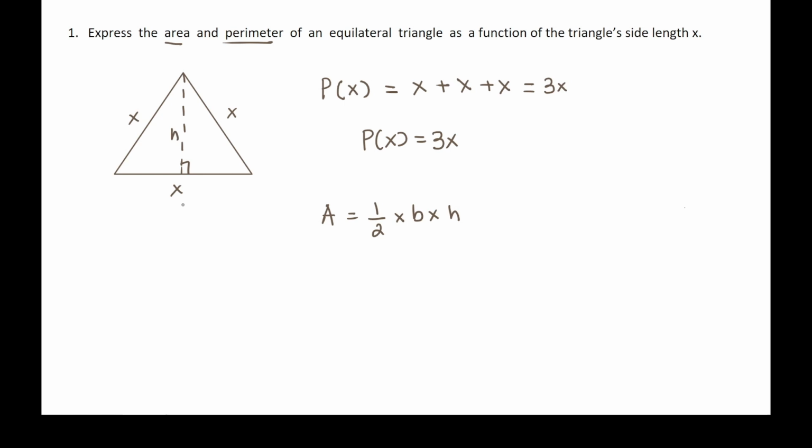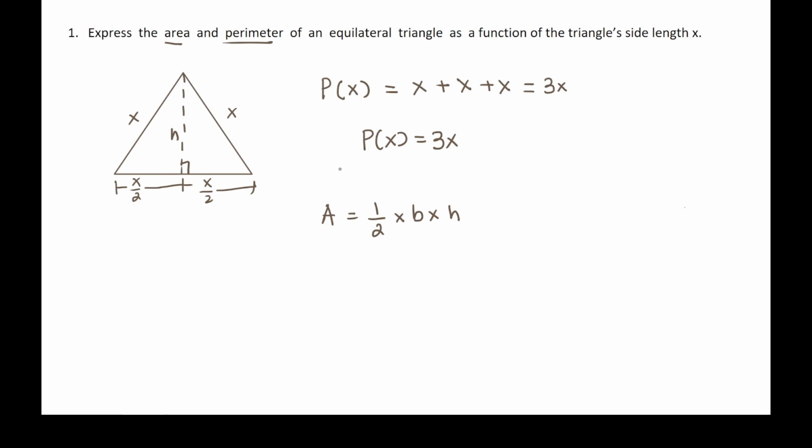And in an equilateral triangle, the height divides the base into two equal parts. So this length would be x over 2. And similarly, this would be x over 2. Now here we have a right triangle.